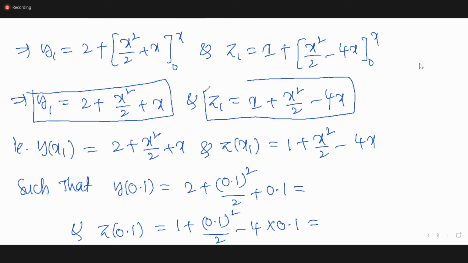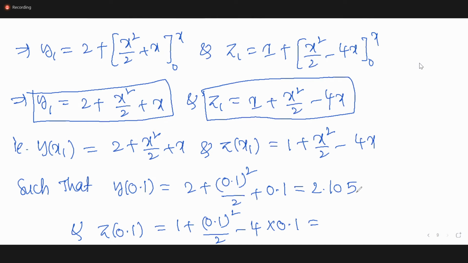you have to substitute y1, z1 in the next approximation. What is y of 0.1? What is the value? 2.105. Very good.